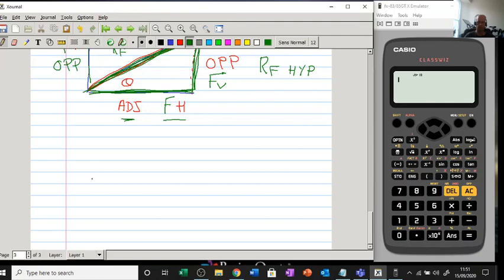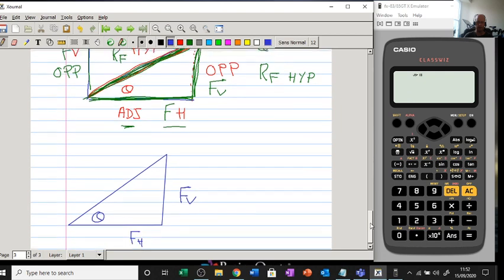So here's my triangle. Let's go back to my little thing. Here's my triangle. There's my angle. This is going to be my horizontal force, and this is going to be my vertical force, just like we explained up there.